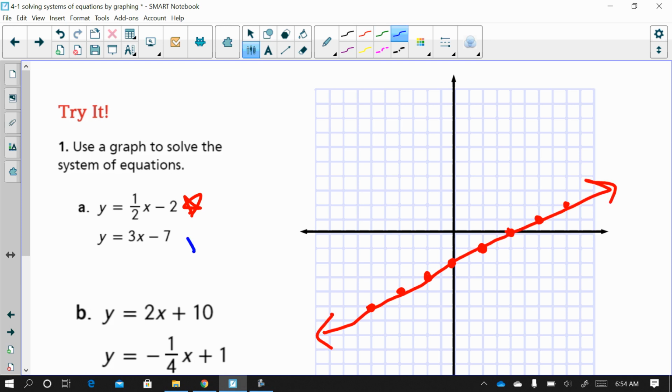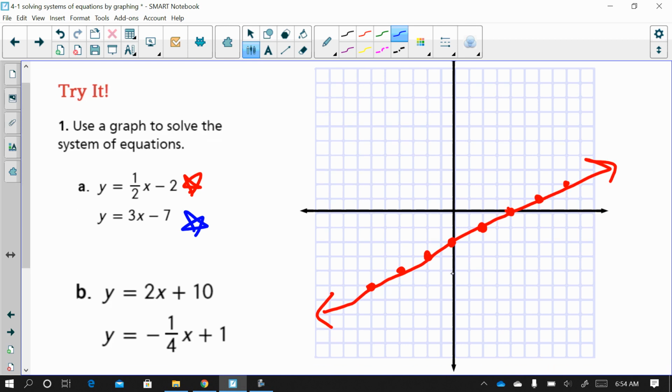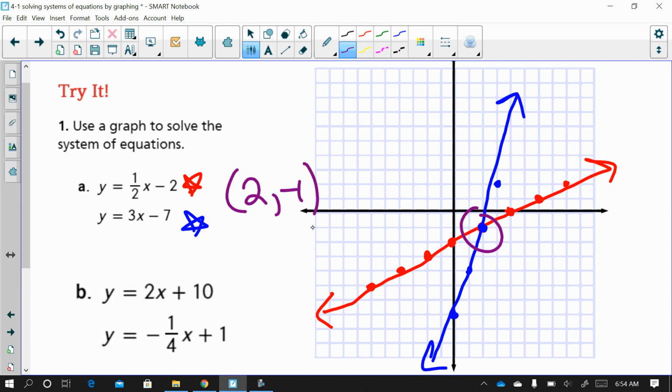Okay, other line I'm going to do in blue, minus 7. 1, 2, 3, 4, 5, 6, 7. And I have a slope of 3, so up 3 over 1, up 3 over 1. Okay, connect my dots. Obviously, I'm not very good at connecting the dots, but that's okay. Here's my solution, the point 2, negative 1.